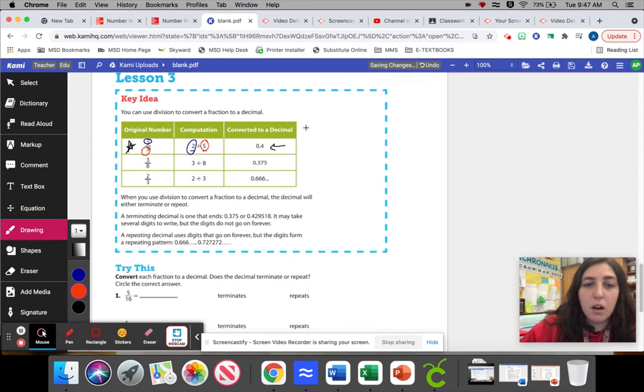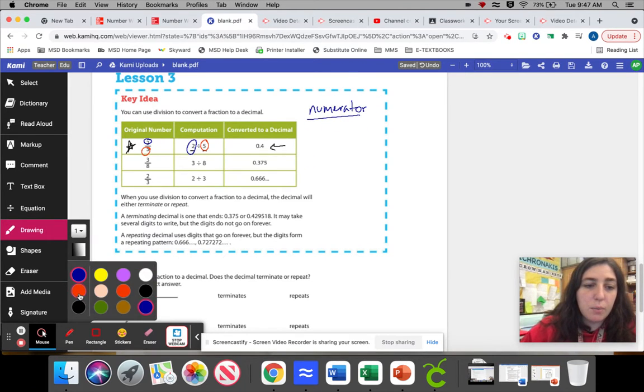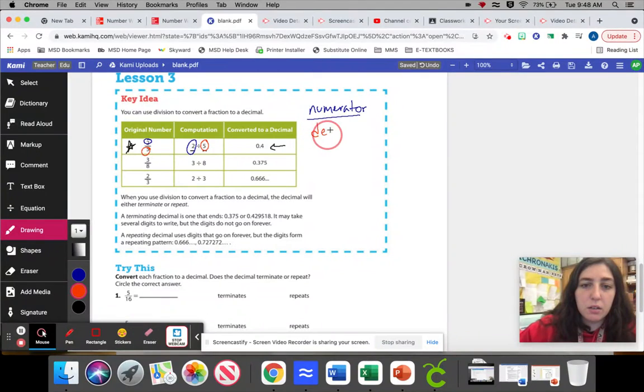So whenever we are converting fractions to decimals and we're using our calculator, or even if you're just doing it by hand on paper, you're going to be dividing the numerator divided by denominator. This bar right here, that also means division.